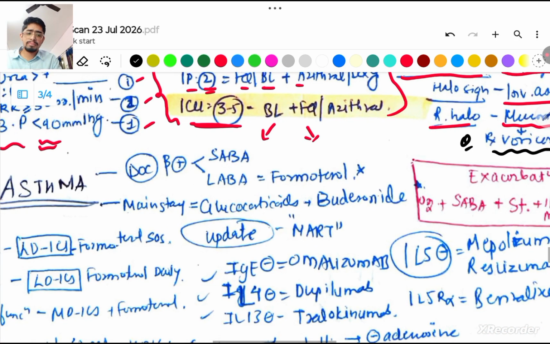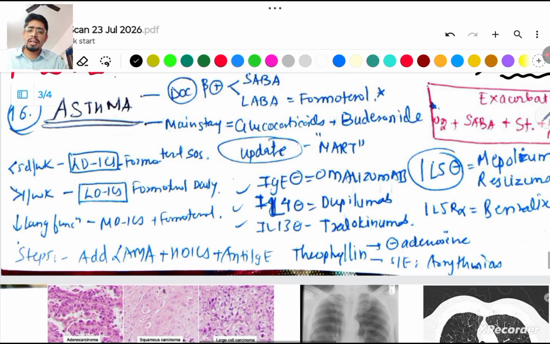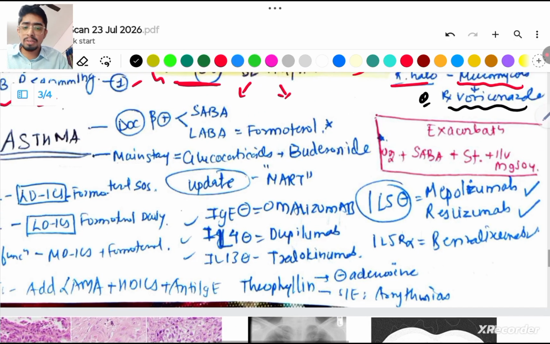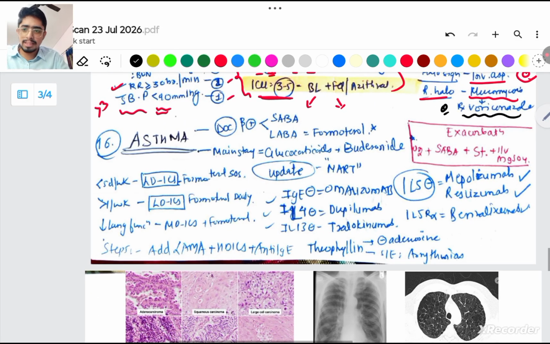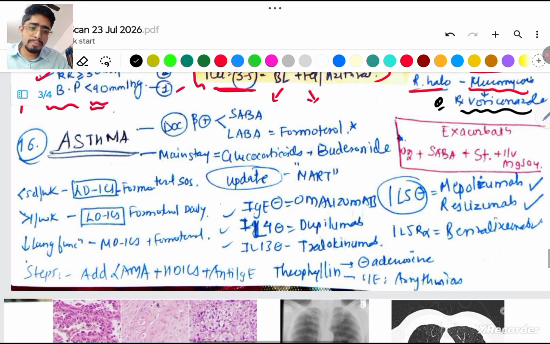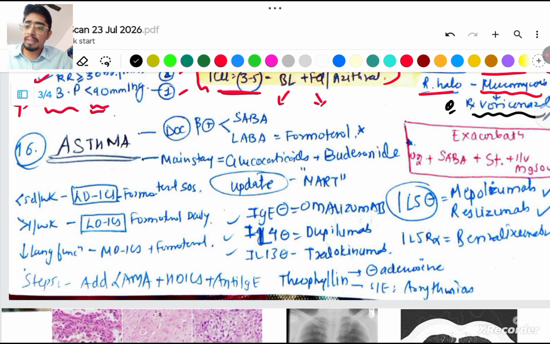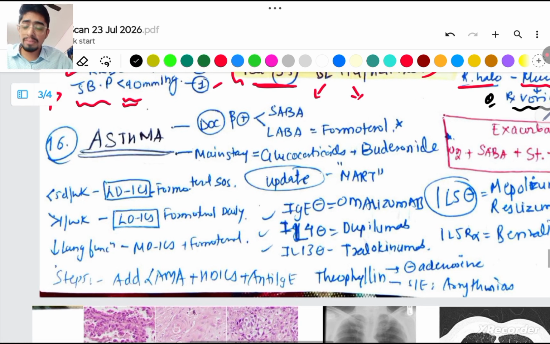Okay. Now let's talk about asthma. Asthma is one of the important topics in which there are so many updates. I have tried to compile all of these things in just this area. Asthma is basically your reversible type of airway constriction. So the airway is getting constricted, but it can be reversed.